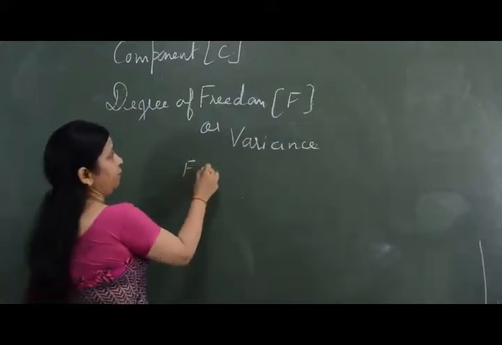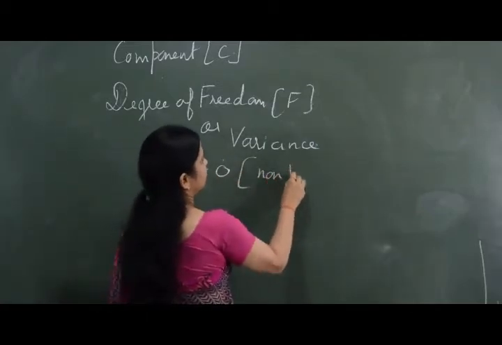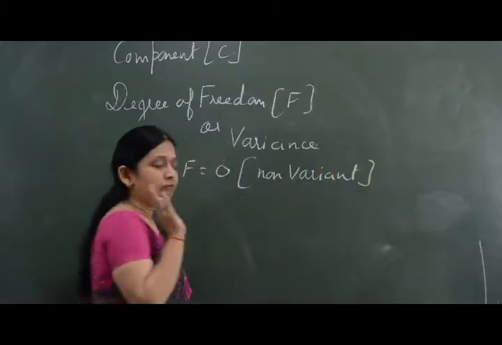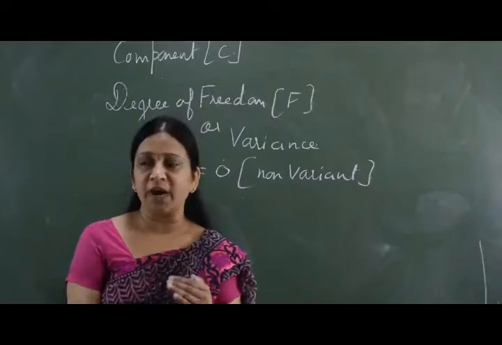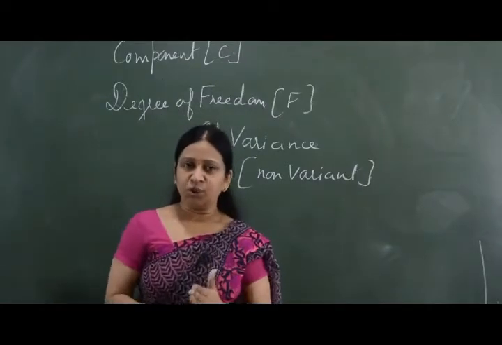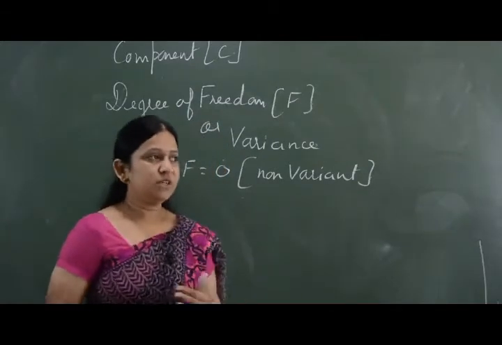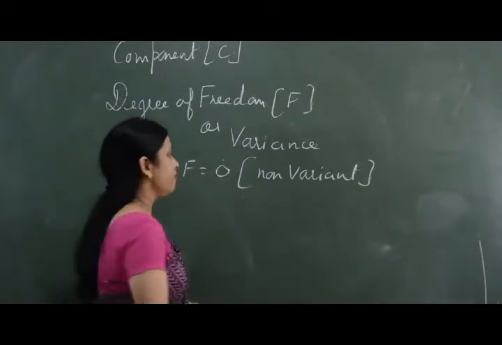Now if the degree of freedom is 0, the system is non-variant. Non-variant means everything is fixed. We need not define anything. So temperature is fixed, pressure is fixed and composition is fixed. Then we say the degree of freedom is 0. The system is non-variant.